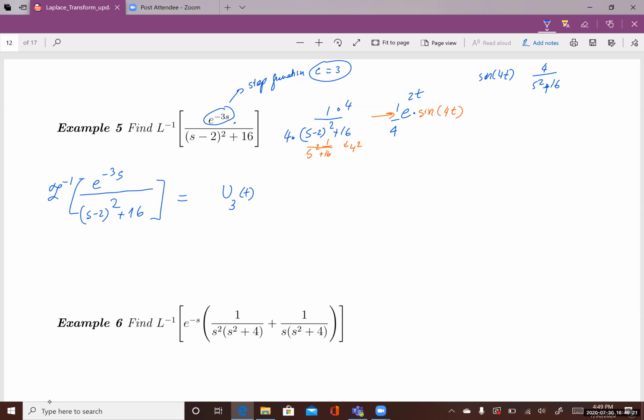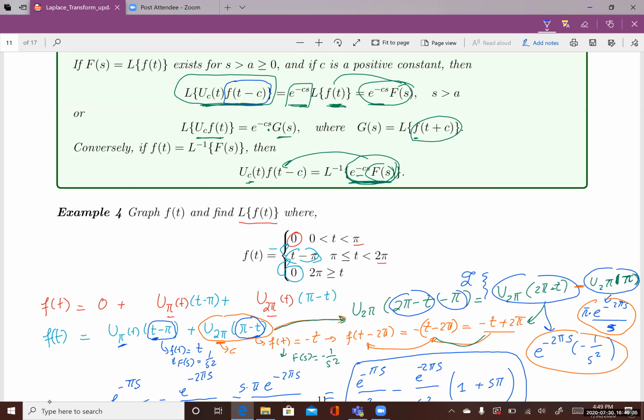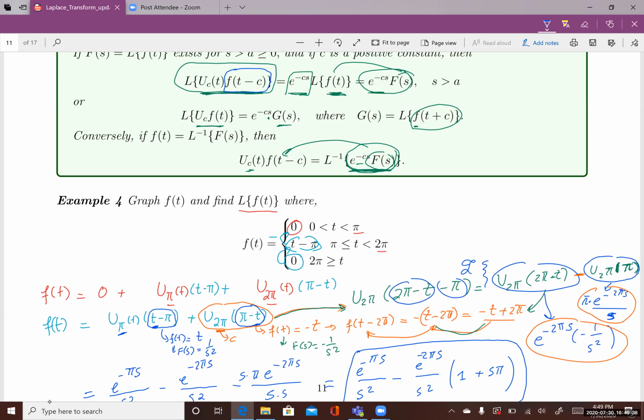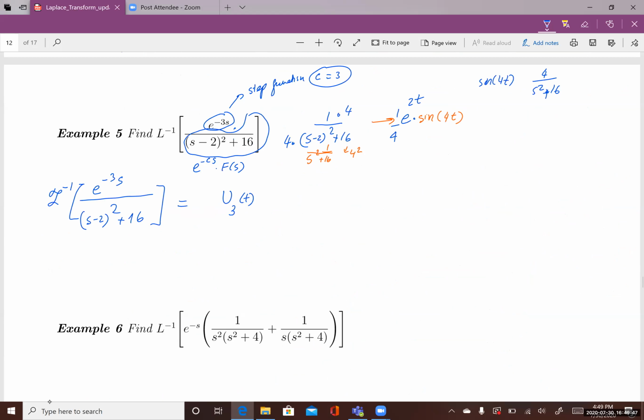And then you recognize this is like e to the negative cs multiplied by F of s. By the definition here, you should convert it back to u_c(t) f(t minus c). So it equals u_c(t) f(t minus c). I just want to rewrite the formula to remind us. And we know that F of s here is a form of the functions right here.